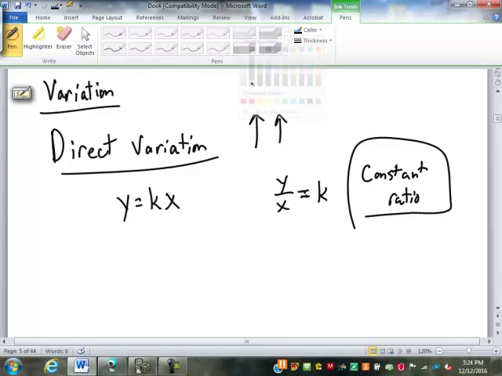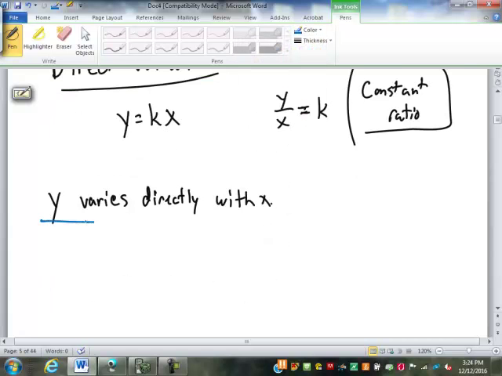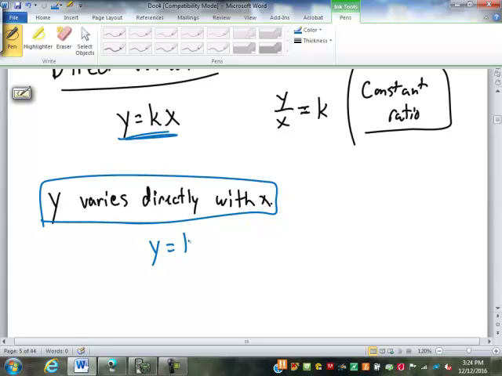So let's say we are told y varies directly with x. What that is telling us is the relationship between x and y is just this one right here. Y equals constant times x.